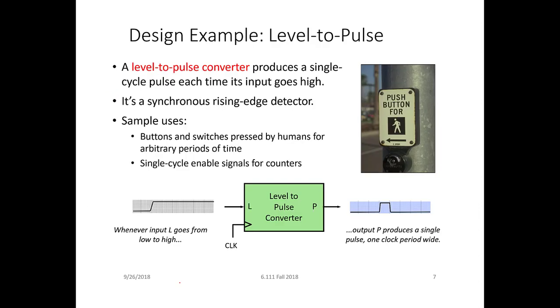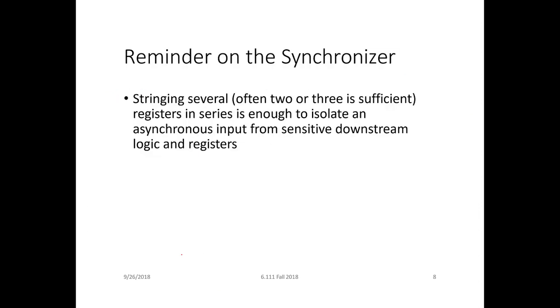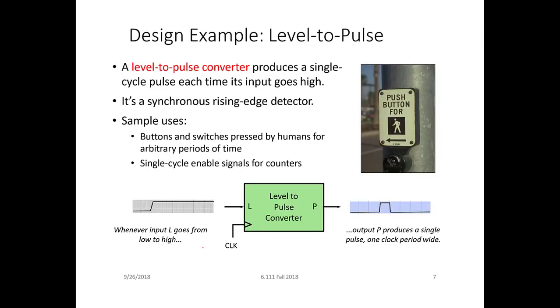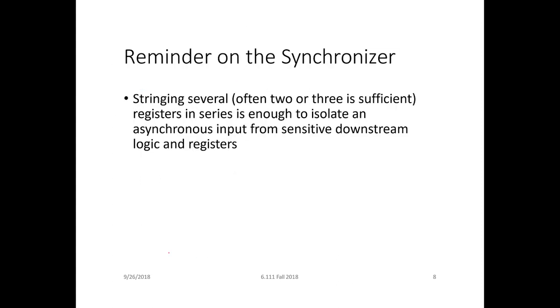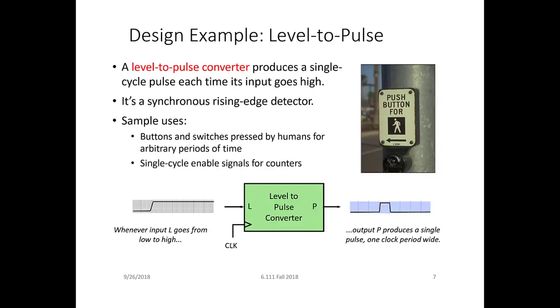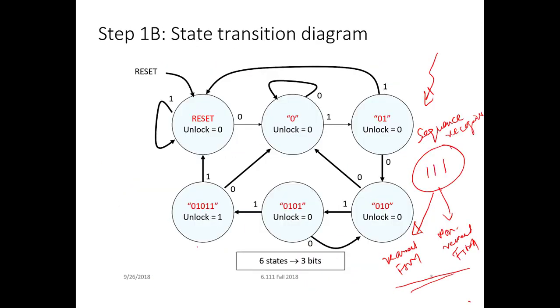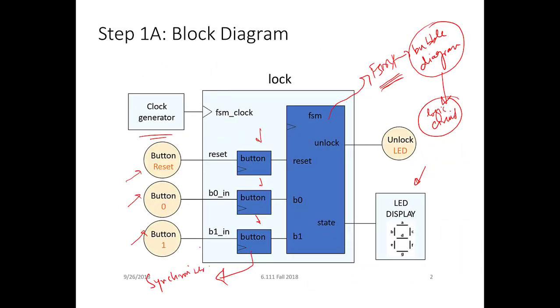Okay, so let's come to this design again of the level to pulse converter, and just a reminder on synchronizer. What is a synchronizer? As I told you before, these buttons. So this button, basically if I expand it, this button consists of two things.